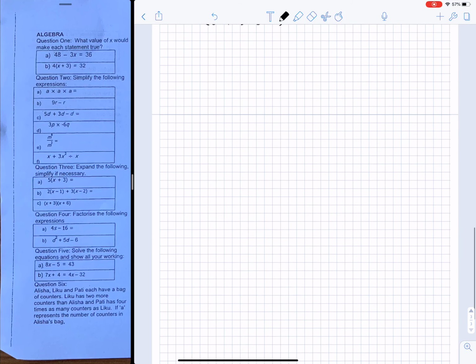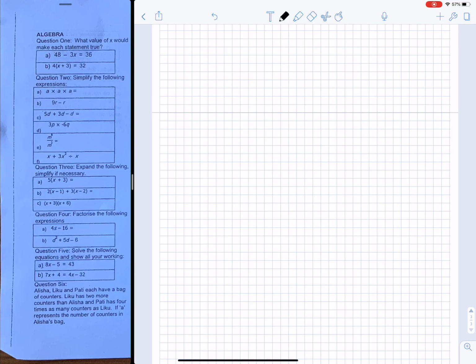Question 5a. Solve the following equations and show all your workings.